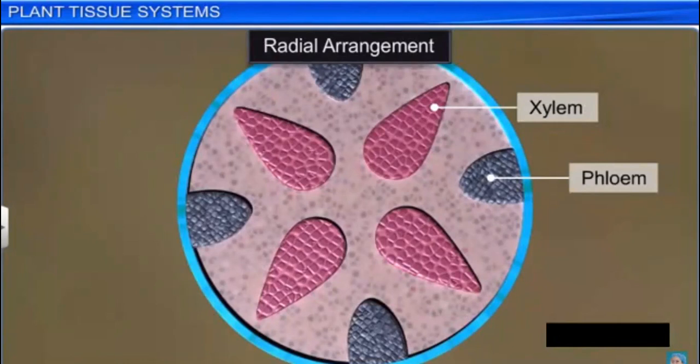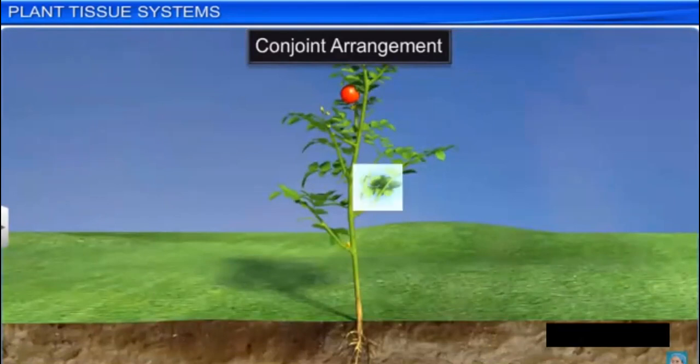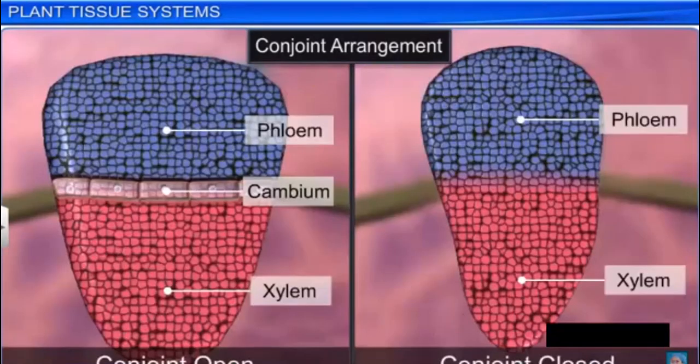In the conjoint arrangement found in stem and leaves, the xylem and phloem are situated at the same radius of the vascular bundles. The conjoint vascular bundles usually have the phloem located only on the outer side of the xylem.